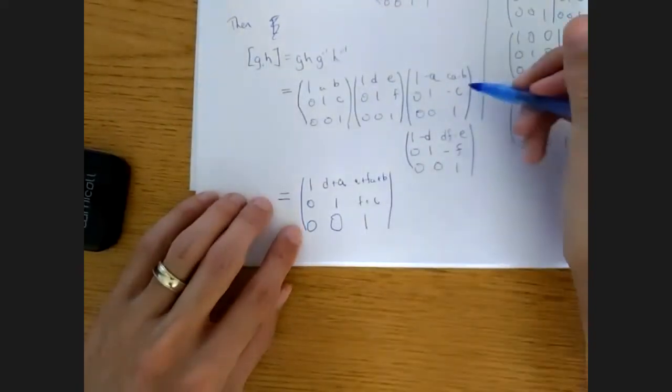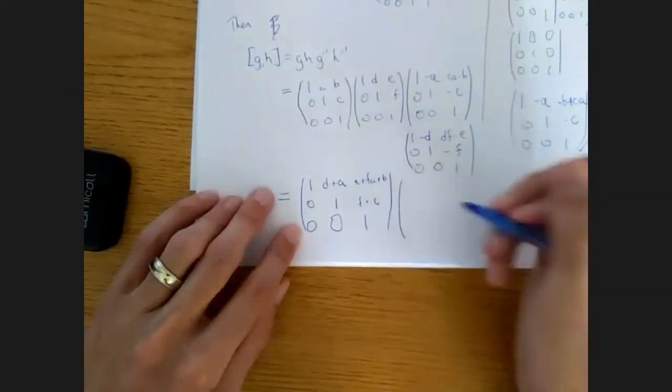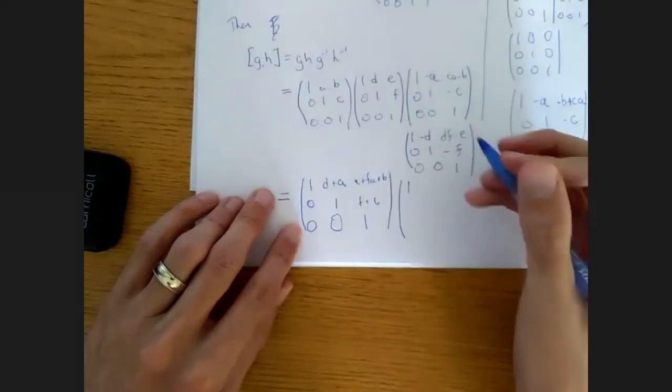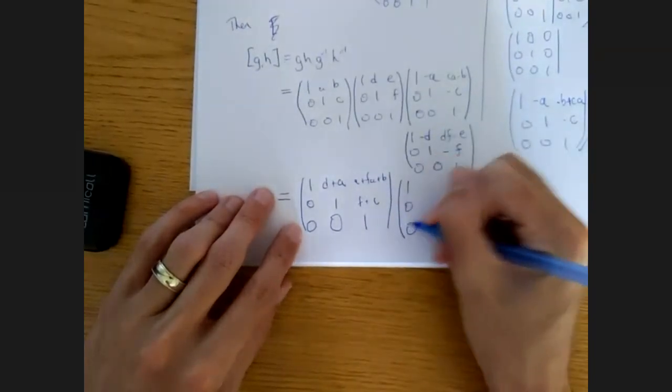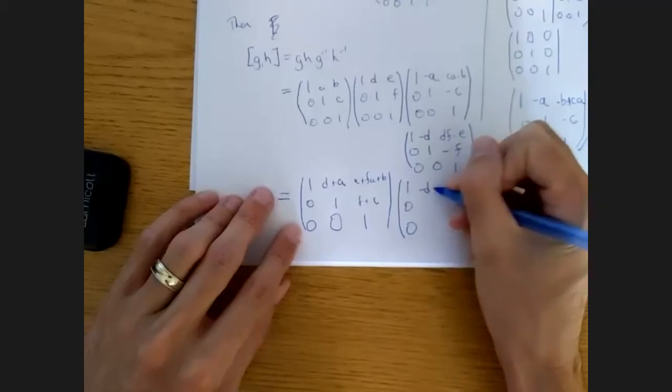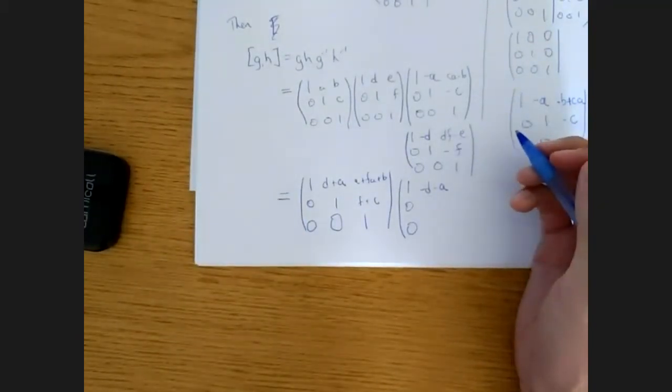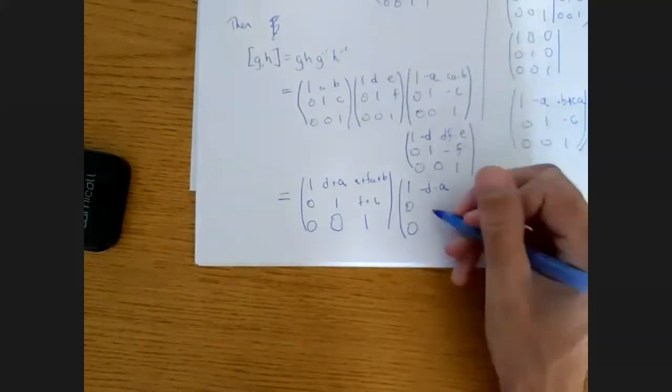And when we multiply these other two together, it's kind of the same thing. We get 1, 0, 0, and minus D minus A. Then we have 1, 0.